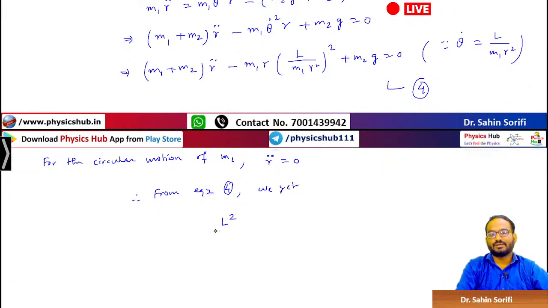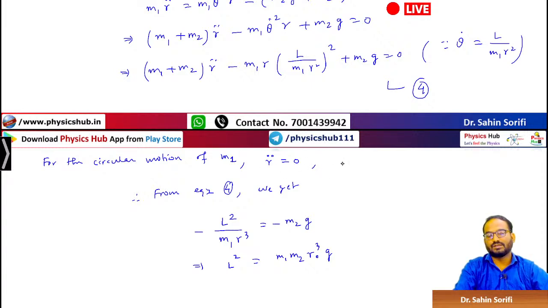L square divided by m1 r cube, with the minus sign, will be equal to minus m2 g, and from here you get the value of L square, that is m1 m2 times r naught cube g. So for circular motion of m1, r double dot equals 0 and r is equal to r naught, right? Here I am putting r equals r naught.